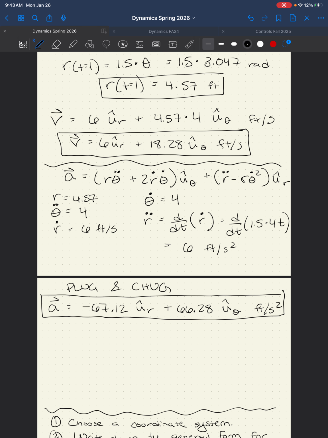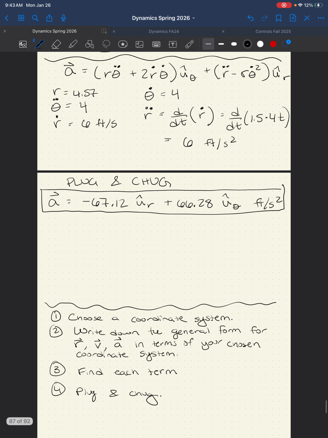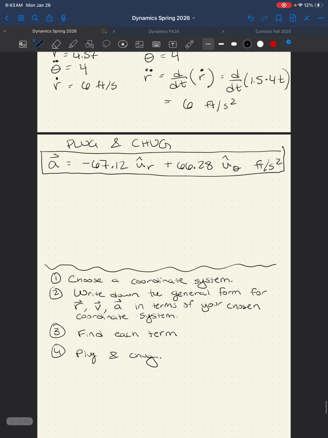So with these problems, I'm hoping you're noticing a pattern. There's kind of a pattern to the way that I did both of these problems. I started out giving you an explanation for why it was smart of us to choose the r theta coordinate system. Usually it's because we're given information in the problem about the variables that are pertinent specifically to that coordinate system, like r dot, theta dot, and so forth.